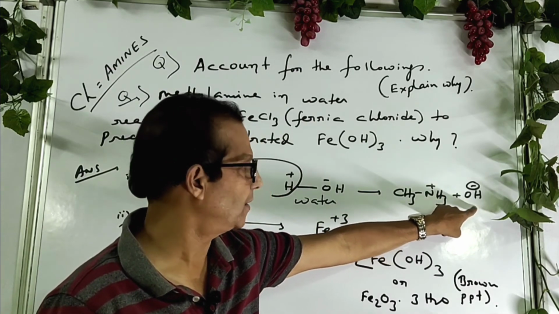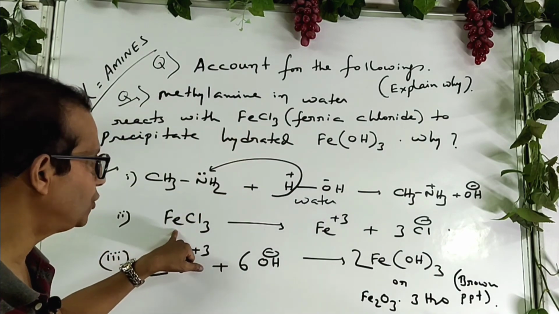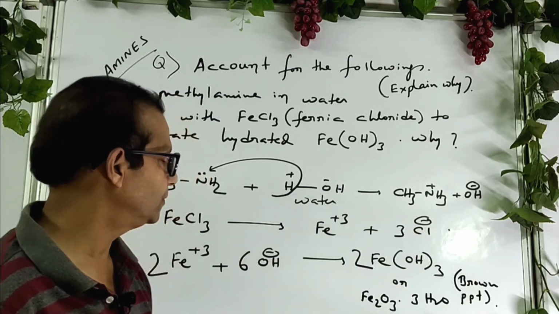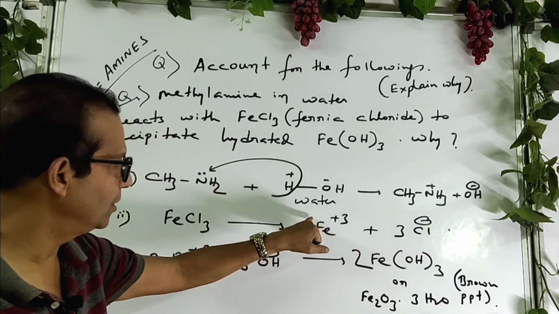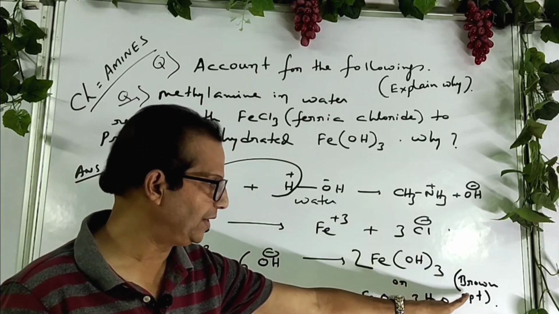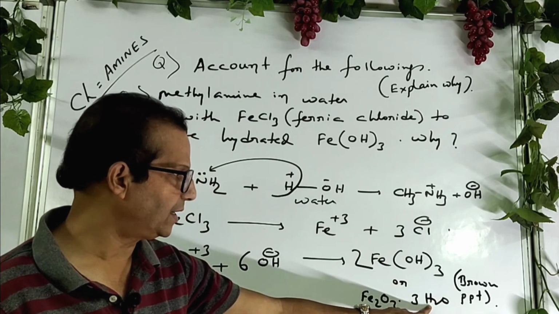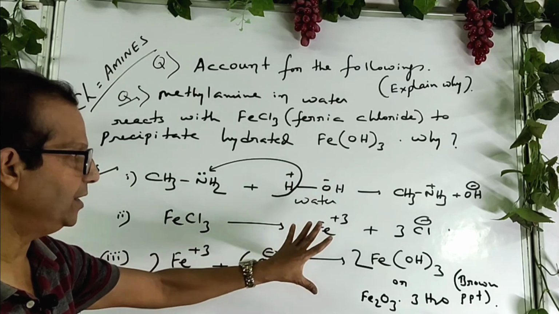This is the main thing. In the solution, ferric chloride also dissociates to form ferric ion and chloride ion. This ferric ion combines with OH negative ion to form a brown precipitate of ferric hydroxide or hydrated ferric oxide. Hydrated means having water. This is the main reason.